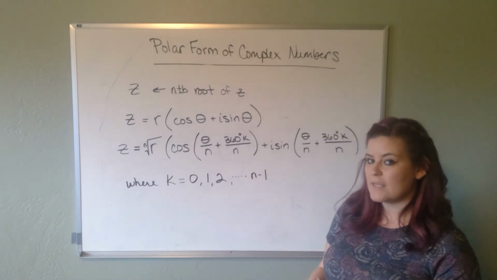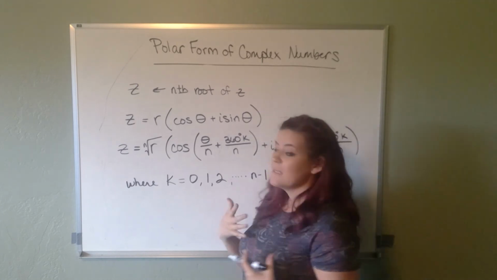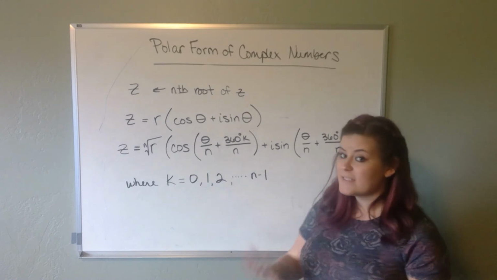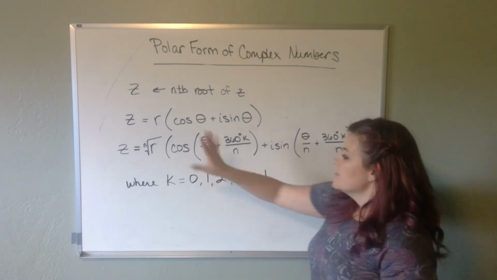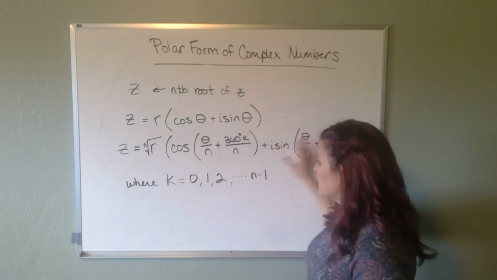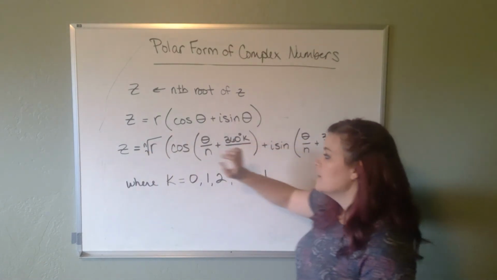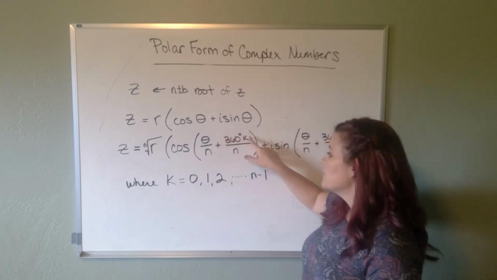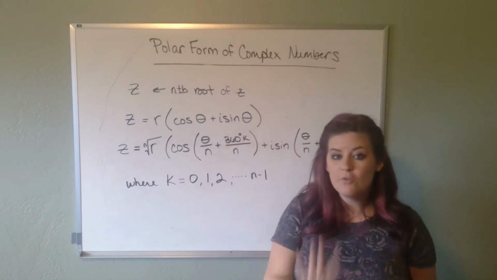So let's explain that. Let's say I want to take the fifth root. These n's are all going to be 5s, and they stay 5s. The first round I do, k will be 0. The second round I do, k will be 1. The third round, k will be 2. Then k will be 3. Then k will be 4.